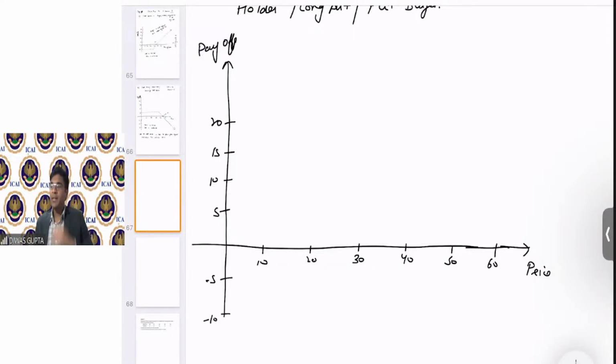Students, what happens in case of a put option? The buyer of the put option will have a benefit when the share price actually moves down below the strike price. Because if the strike price is higher than the share price, then only the benefit will happen.